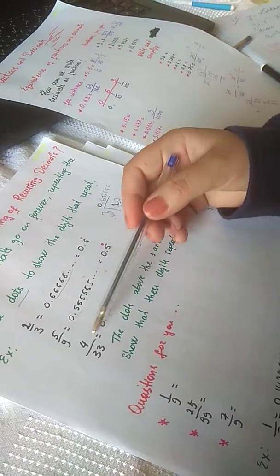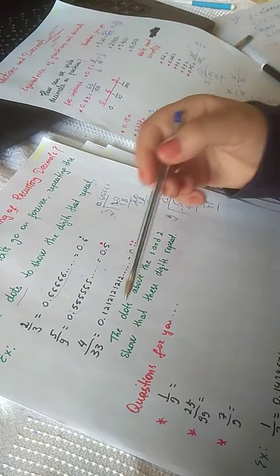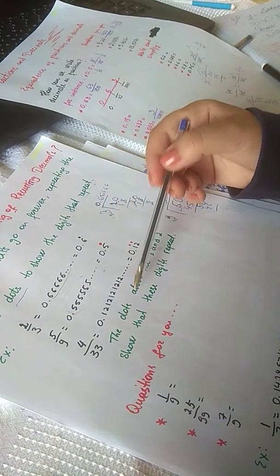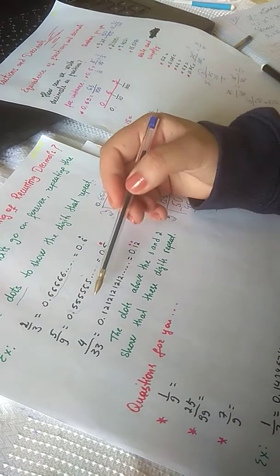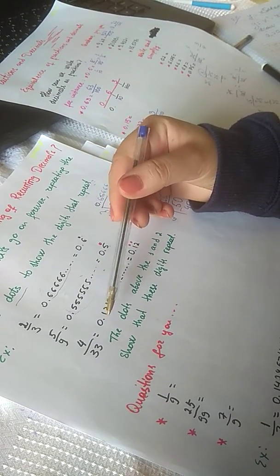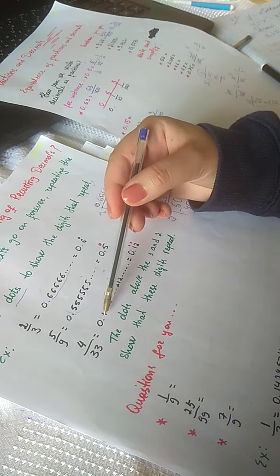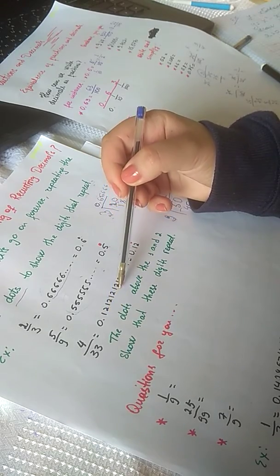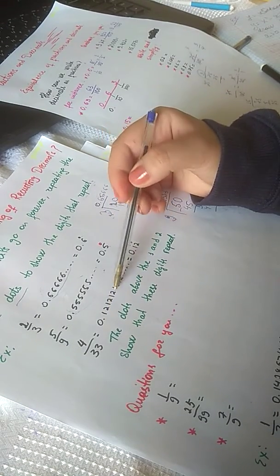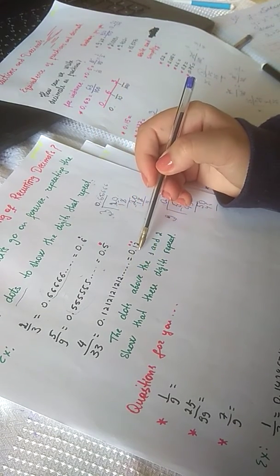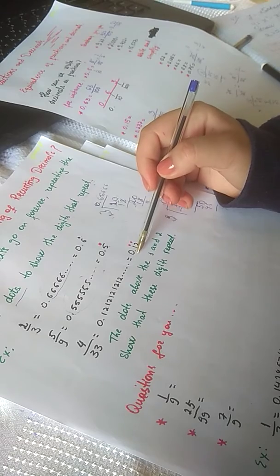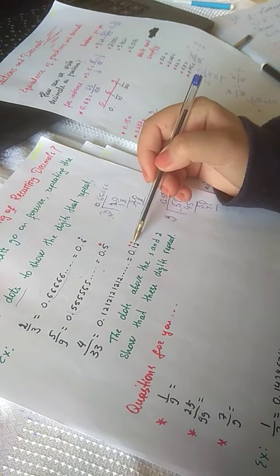So again, the other examples. Take a note, the dots go above. For example, 4 over 33. If we divide 4 by 33, it's going to be 0.12, 12, 12, 12 like that. So 12 is the repeating number. So the final answer becomes 0.12 with 2 dots.